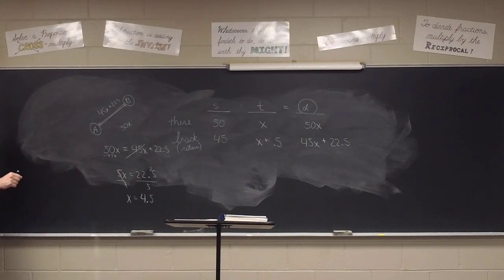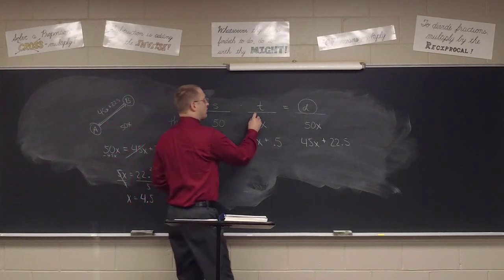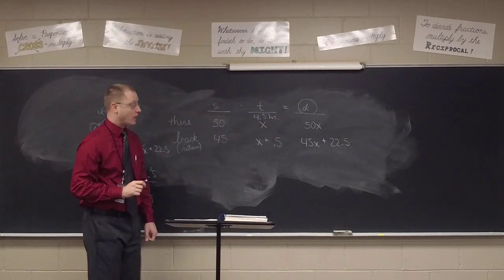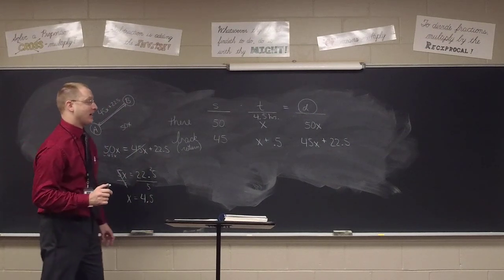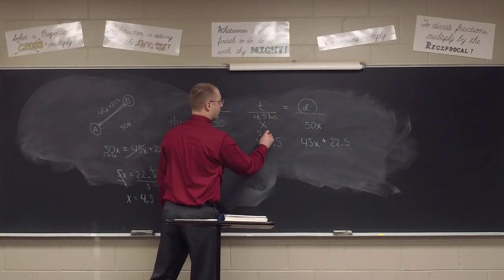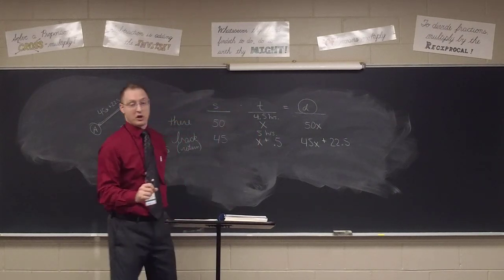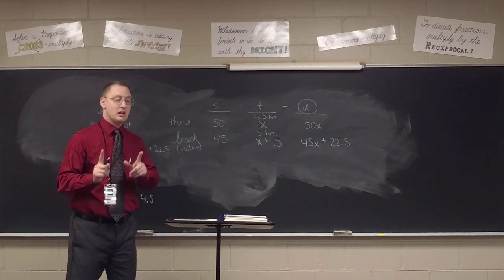What does x represent, class? The time it took to get there. It took 4.5 hours to get there. It took a half hour longer to get back. How much time did it take to get back? 5 hours. But that's not what the problem asks. It didn't say how long it takes to get there or how long it takes to get back. What did the problem ask? Find the distance.